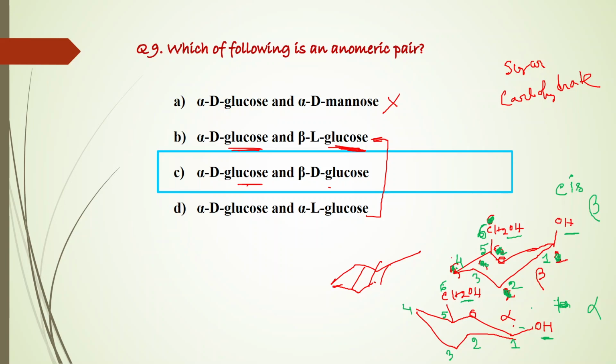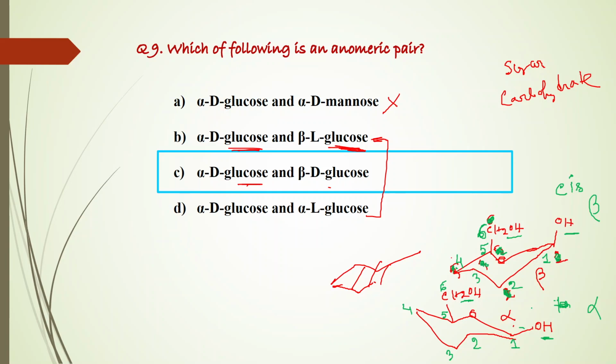This structural difference between glucose or any kind of sugar is known as the anomeric structure, or they are together known as anomeric pairs, where you can draw them either as cis or as trans. D and L is a different isomer than alpha and beta.